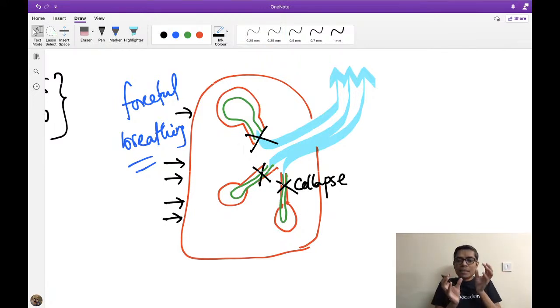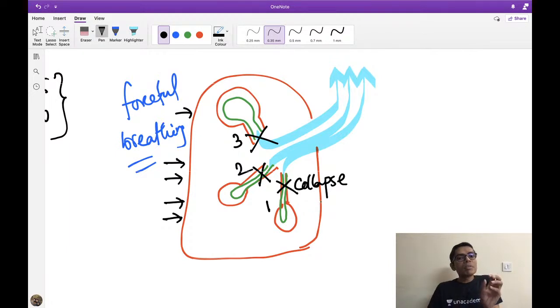The basal alveoli size is reducing, the middle part alveolar size is reducing, the apical alveolar size is also reducing. Then what will happen? One point will reach where the basal alveoli will collapse first. Okay, I should not say alveoli, the basal bronchioles should collapse first. Then the middle part bronchioles will collapse, then the apical bronchioles will collapse.